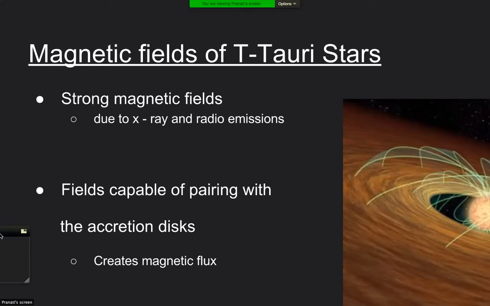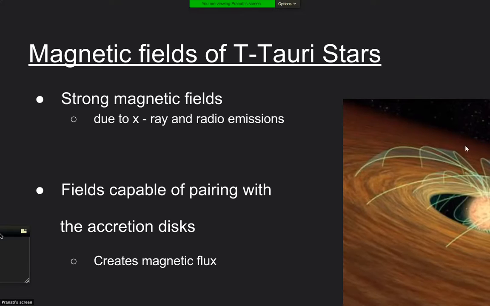Magnetic fields of T Tauri stars. T Tauri stars usually have very strong magnetic fields. They have a magnitude of 500 to 1500 kG, and this strong strength is detected through X-ray or radio emissions. And these fields are capable of pairing or connecting with accretion disks around them.